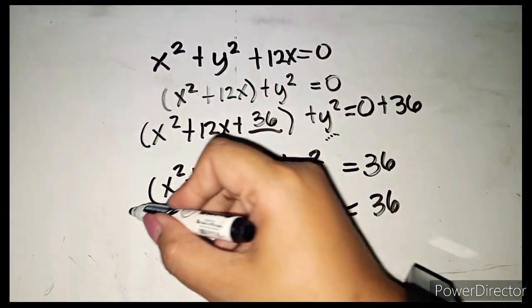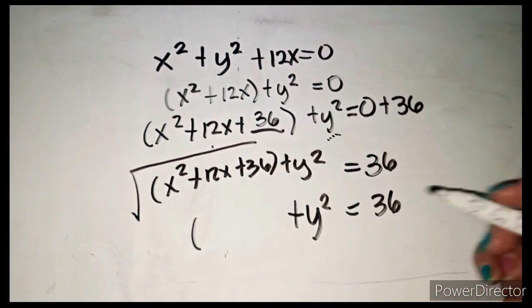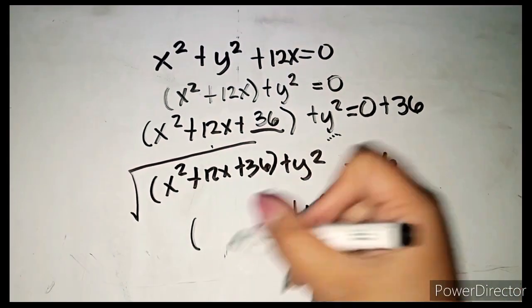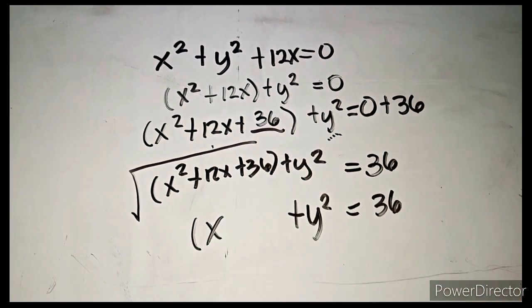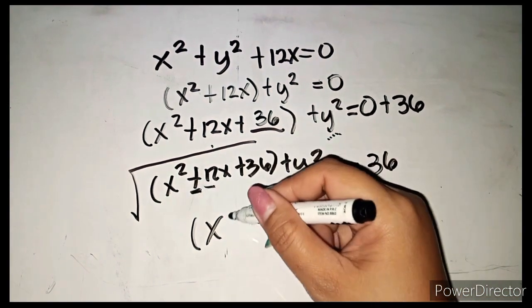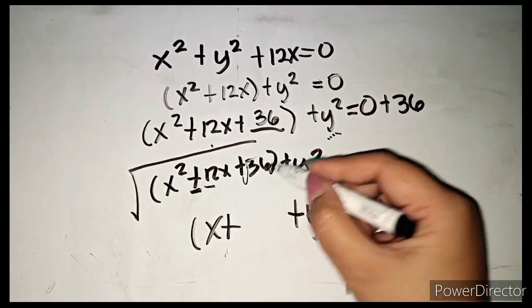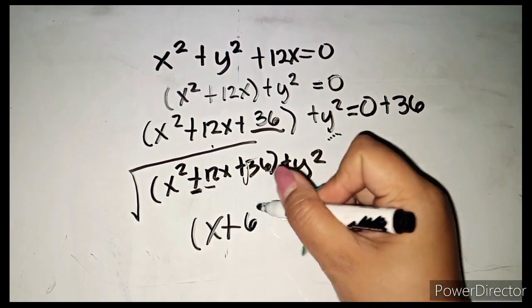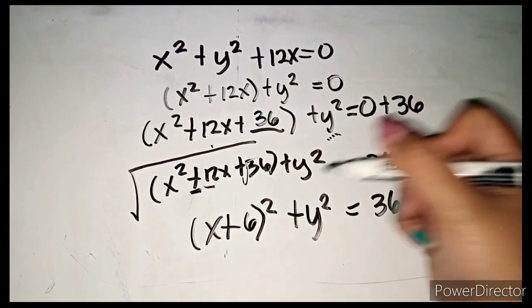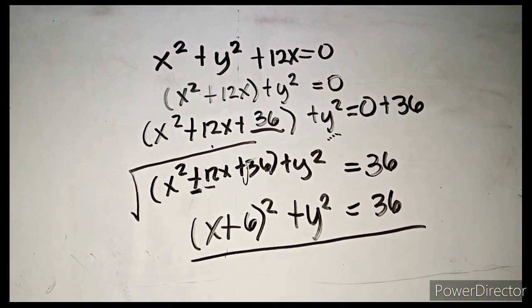So, ang gagawin na lang natin ng square root ay itong grupo ng x. So, square root of x squared ay x. And then, copy the sign of the middle term, which is positive. And then, square root nung last term natin, which is 6. Then, squared. So, this is our standard form na.